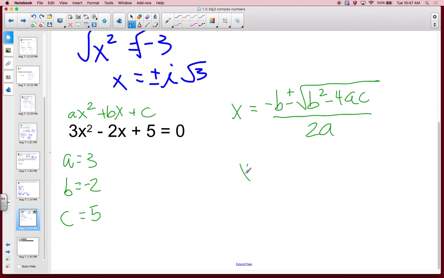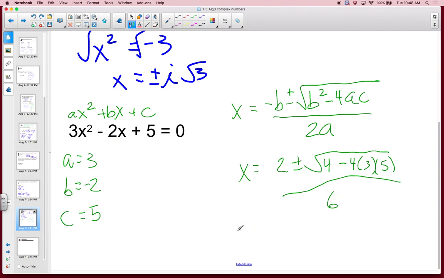So here we go, plugging in. We get x equals negative 2 is a positive 2, plus or minus negative 2 squared is a 4, minus 4 times 3 times 5, all over, sorry, my crooked lines, 2 times 3 is a 6.